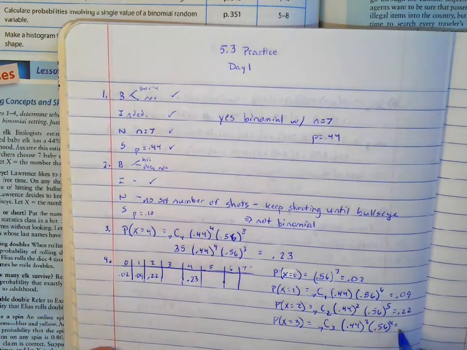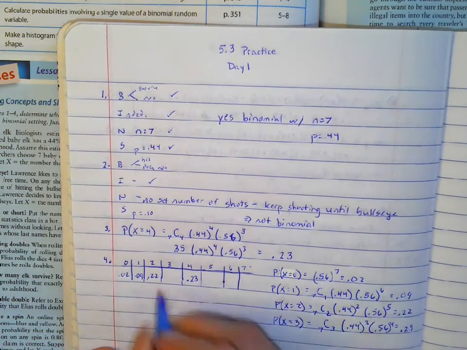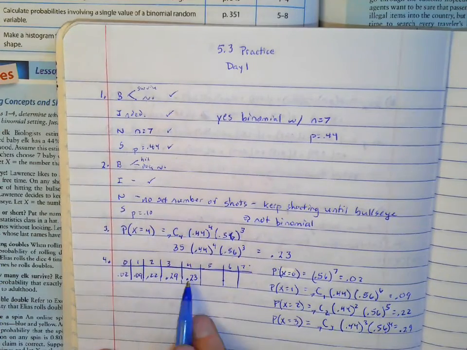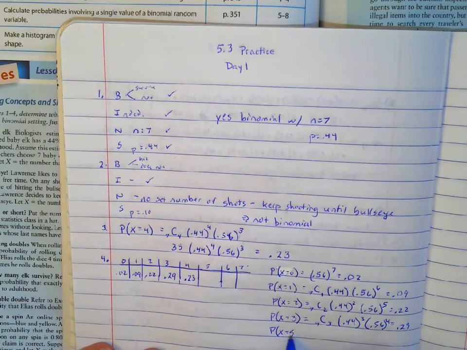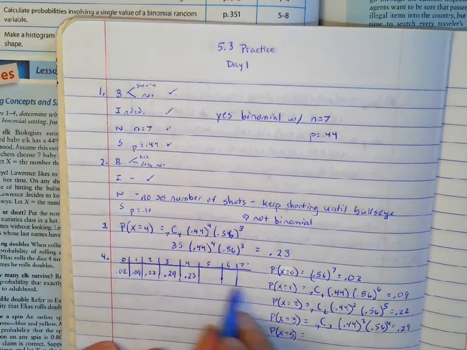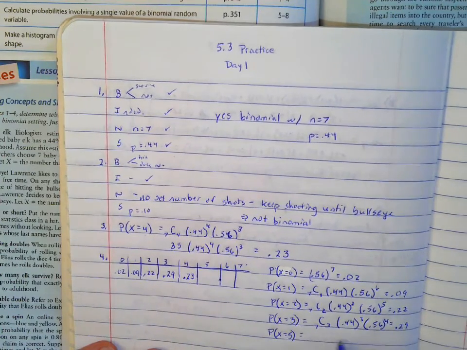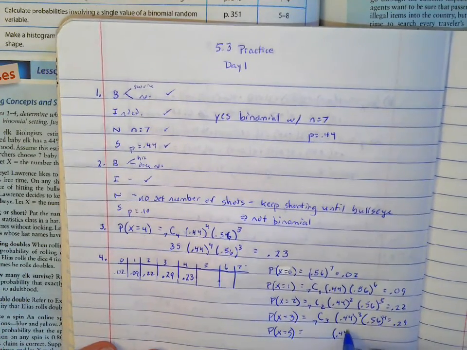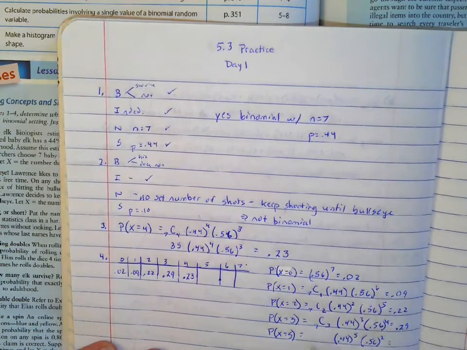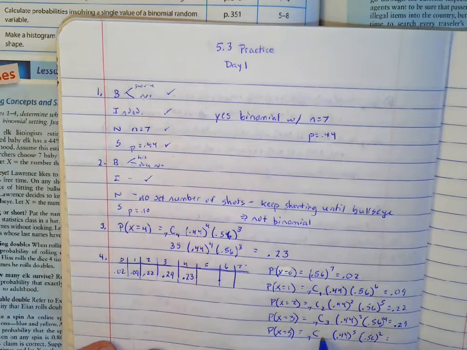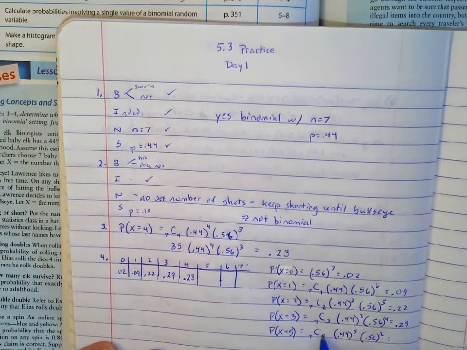It's about 29%. And then 4, okay, we already got that one. And X equals 5. I think we're going to see this probability start going down again. Okay, so we have 5 of them living and 2 of them not living. How many different ways can they do that? Choosing 5 of them.